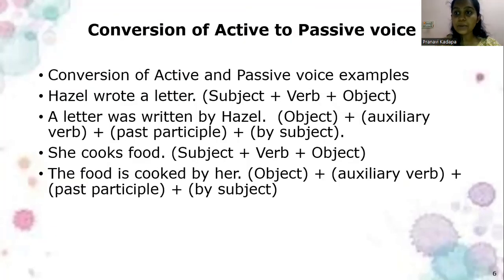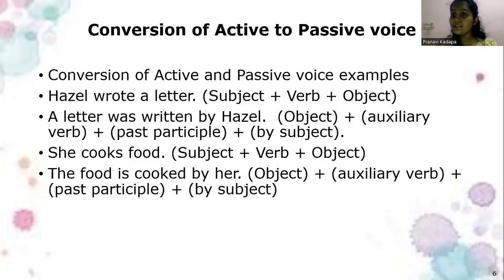So, how to convert active to passive voice? You're wondering how we do it, right? Let's see the conversion of active and passive voice examples. Hazel wrote a letter. Here, Hazel is the subject, wrote is the verb, letter is the object.